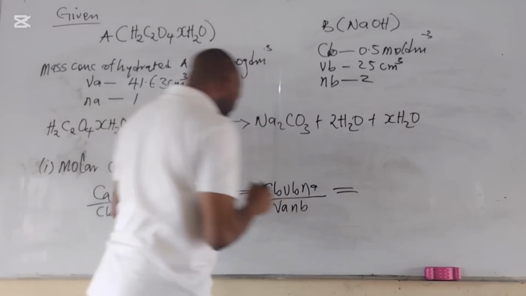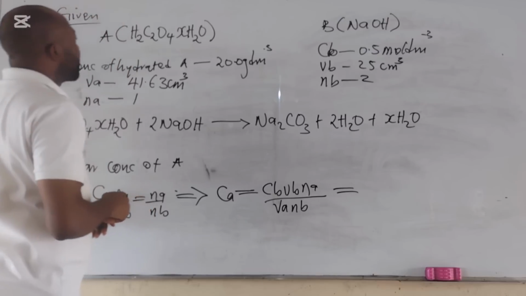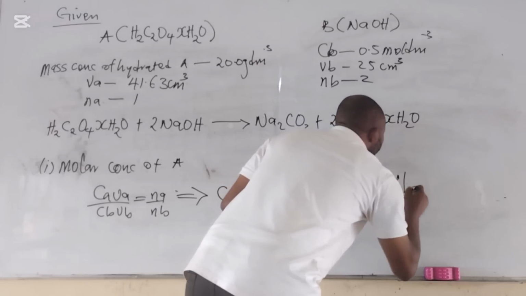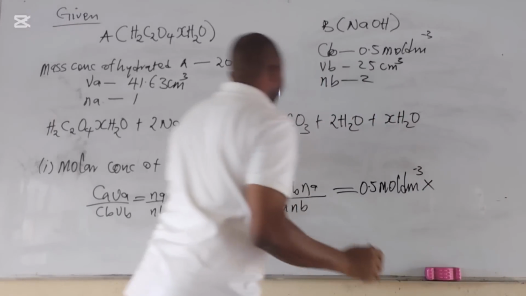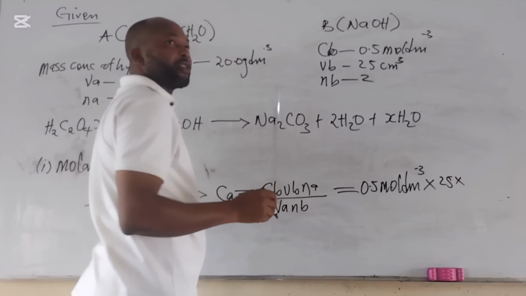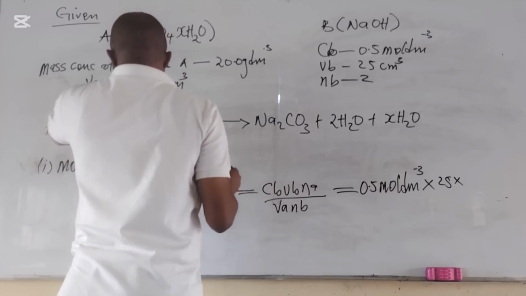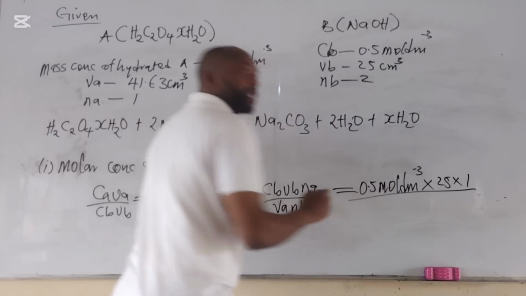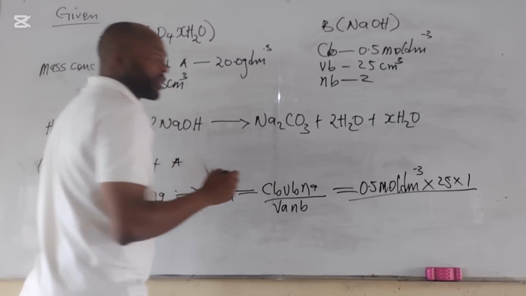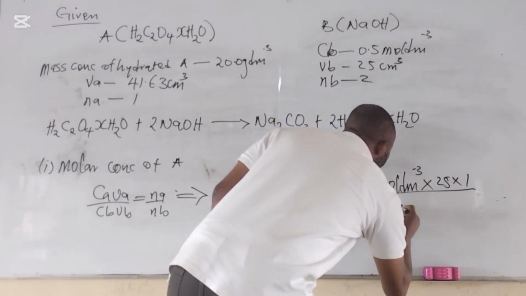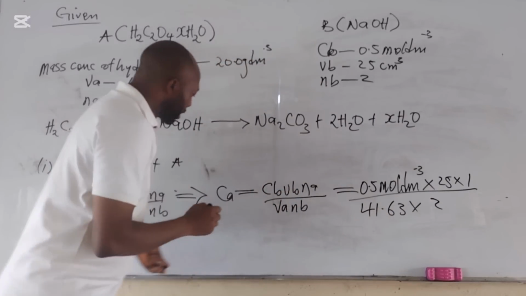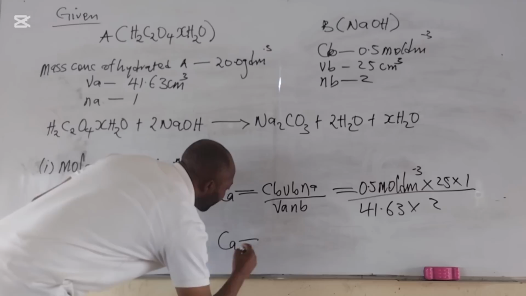The concentration of the base is given to be 0.5 mole per dm cube. The volume of the base is 25, times the number of moles of the acid, NA, is 1. This is over the volume of the acid, 41.63, times the number of moles of the base, which is 2. And this equals CA.